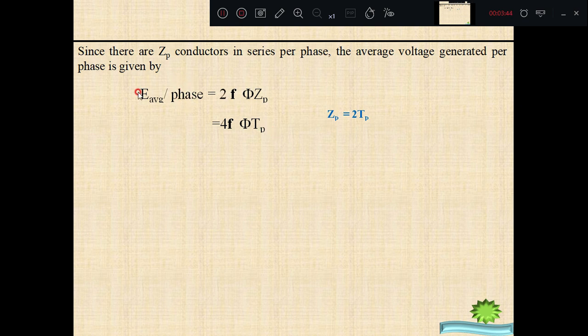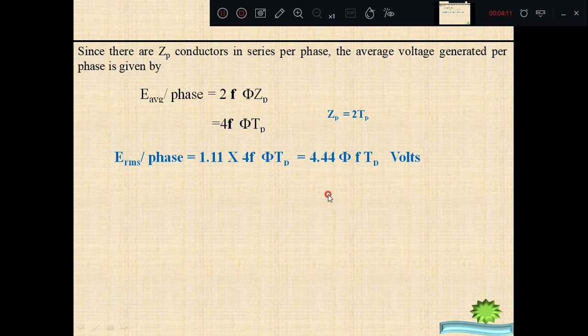Then I am interested in the RMS value of the generated voltage. To get the RMS value, you have to multiply by 1.11, so we get 1.11 times 4fφTp. So the RMS value of the induced voltage per phase is 4.44 fφTp volts.